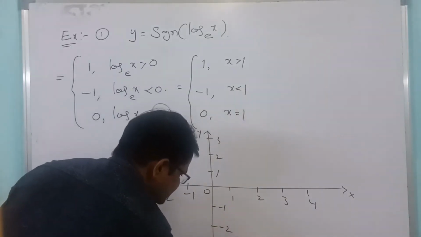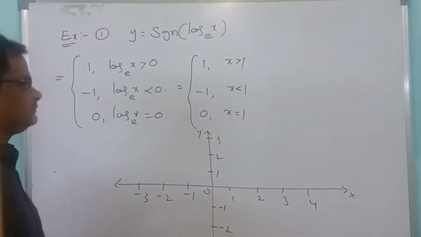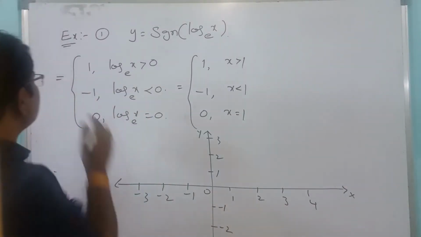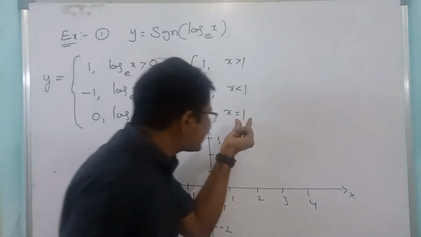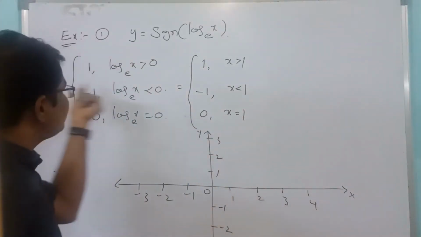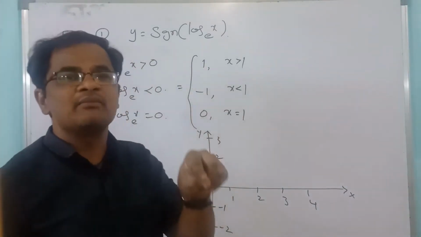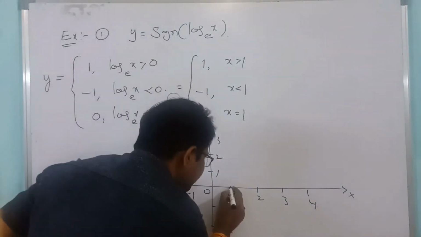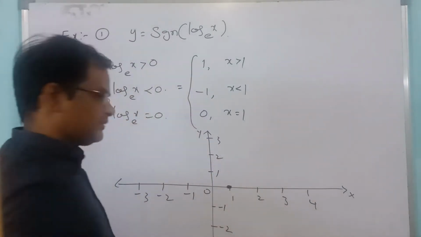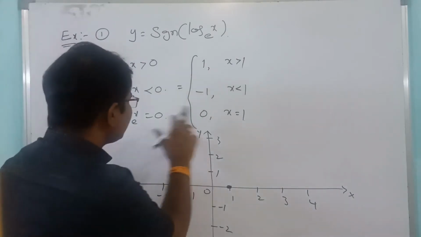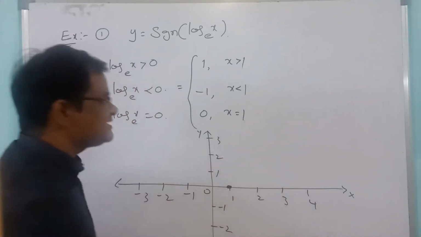Now observe, whenever x equal to 1, the y value is 0, so the point 1 comma 0 is located here.